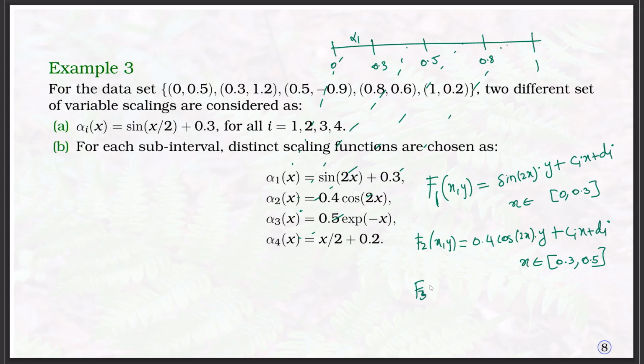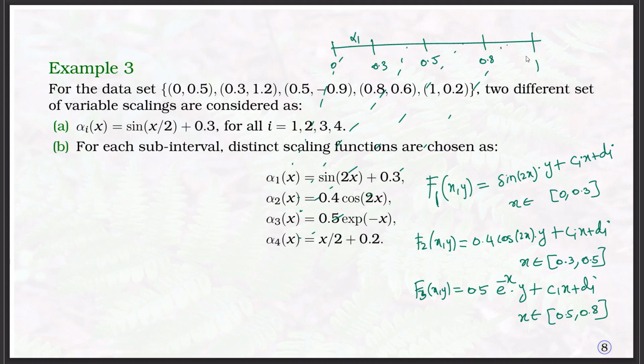In f3 of x comma y, the value is 0.5 e power minus x times y plus c3x plus d3, where x belongs to 0.5 to 0.8.